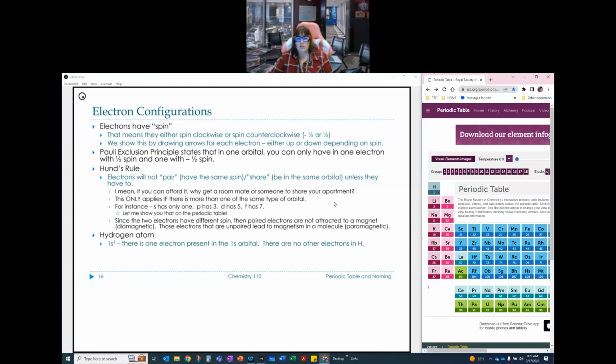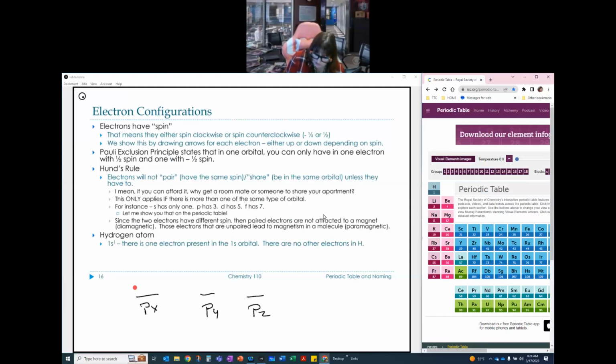So that's when they'll start to pair. All right. So that only applies if there's more than one type of orbital. So since we have our S, we go one and then one up and then one down. That's typically how we draw them. It's always the up first. It's just convention. It's not important, just convention. But when we talk about those P's, remember that we have that PX, a PY, and a PZ.